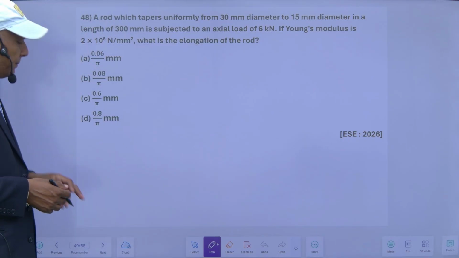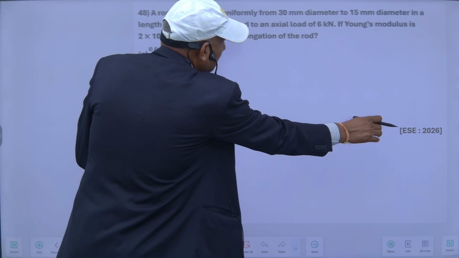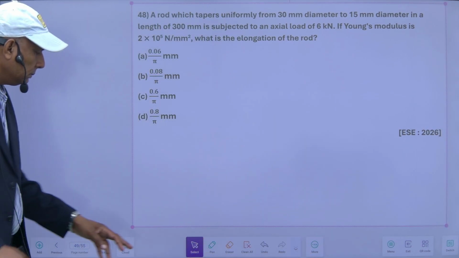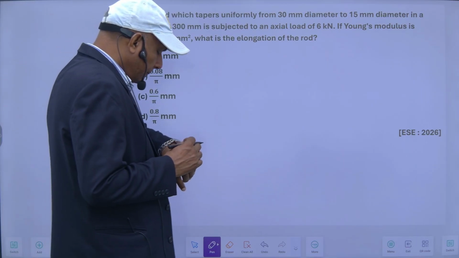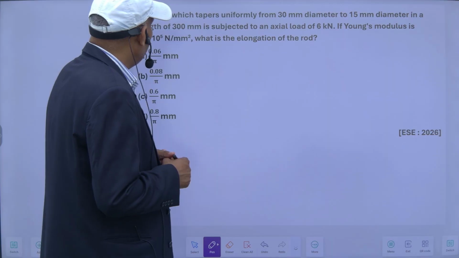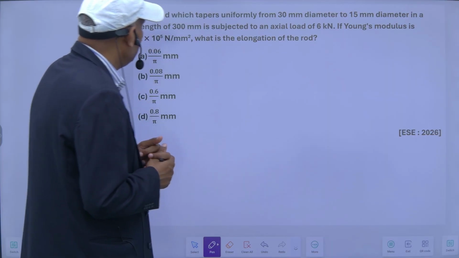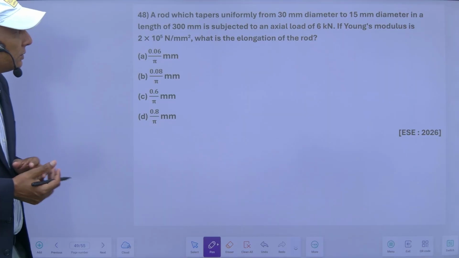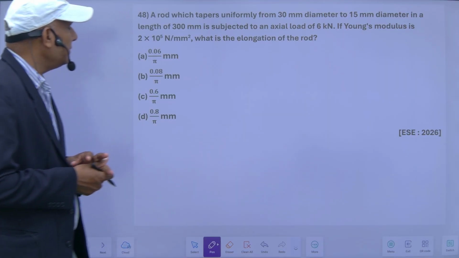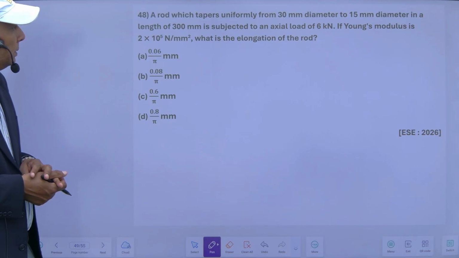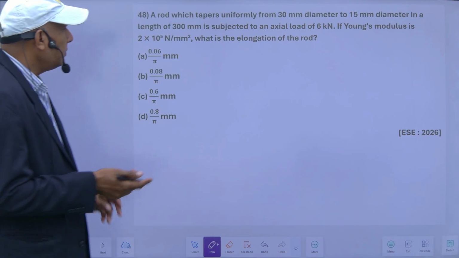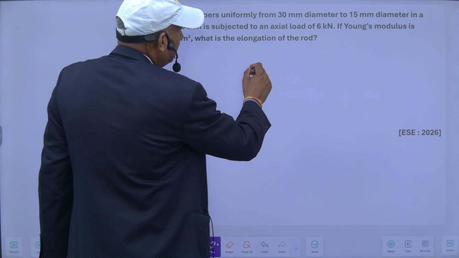A rod which tapers uniformly from 30 mm diameter to 15 mm diameter in a length of 300 mm is subject to an axial load of this one. If Young modulus of elasticity is given, what is the elongation of the rod? So the formula is simple.